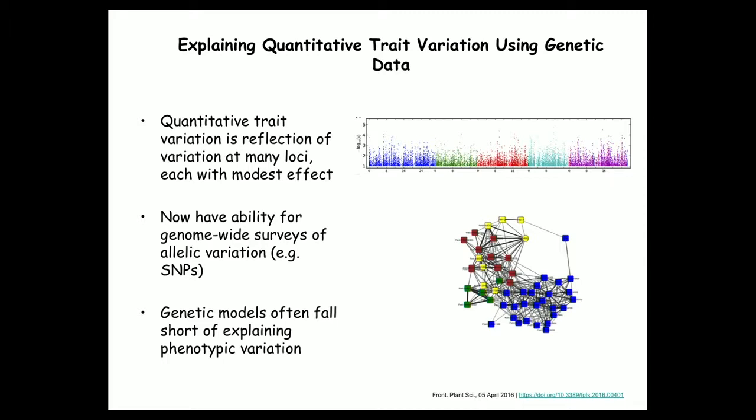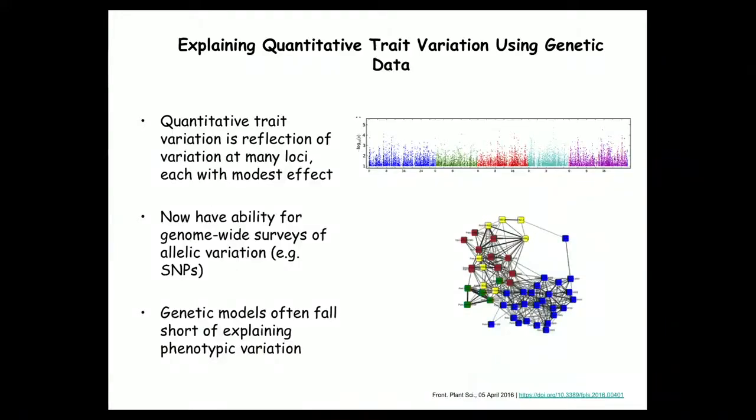Now, one thing that often happens, and this varies depending on species and traits, but even though we have this genome-wide information, we typically cannot predict all of the phenotypic variation. And undoubtedly, there are many different reasons for this. Some of them are probably computational, or how we model the variation.